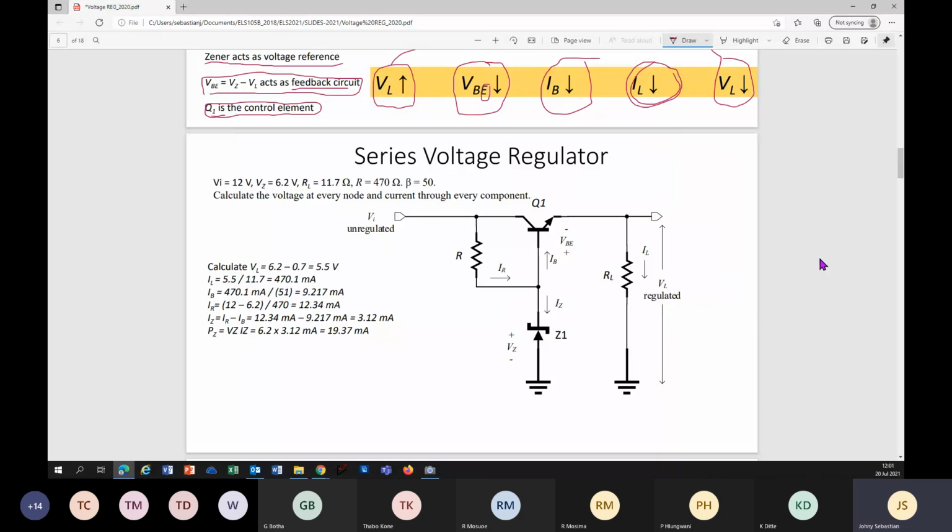Okay. Now, in the next class, we go one more level deep. We try to define how well this circuit can operate. And after that, we will find the limitations of the circuit.